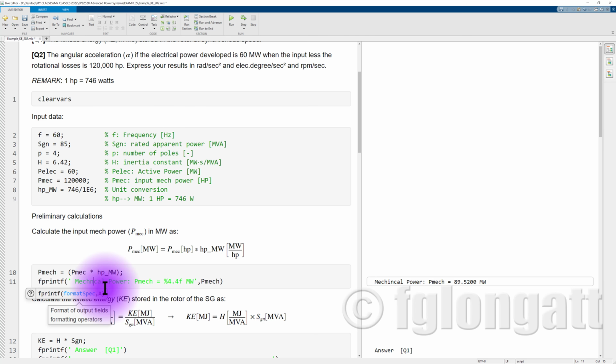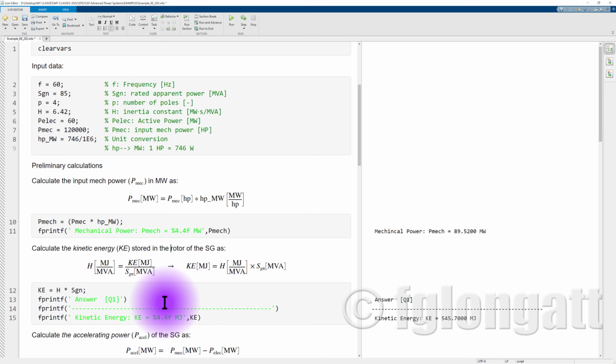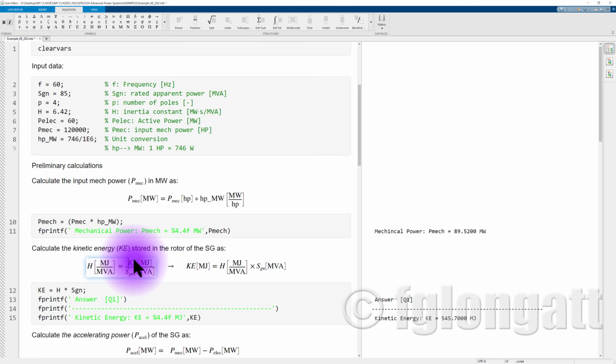Now what we need to do is calculate the kinetic energy stored in the rotor of this machine when the rotor is rotating at synchronous speed. My students know that the kinetic energy is related to the rotational inertia H. The definition of rotational inertia is the ratio between the kinetic energy and the rated apparent power.